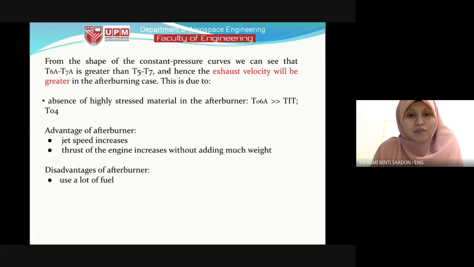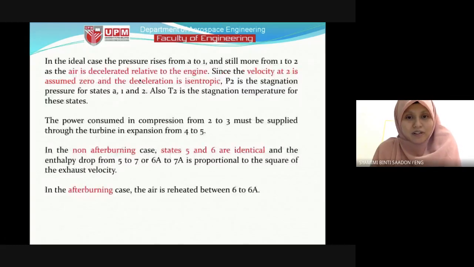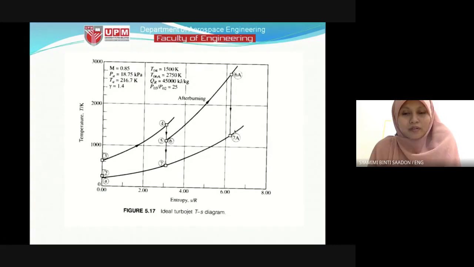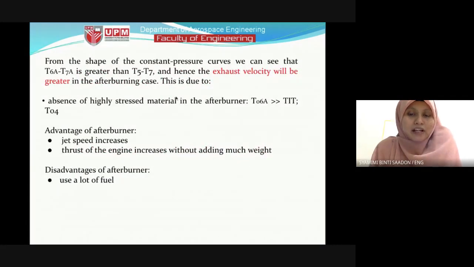Okay, from the shape of the constant pressure curves, we can see that T6A minus T7A is greater than T5 minus T7. So we see here that the difference between T6A and T7A is higher than the difference between T5 and T7, right? And hence the exhaust velocity will be greater in the afterburning case.